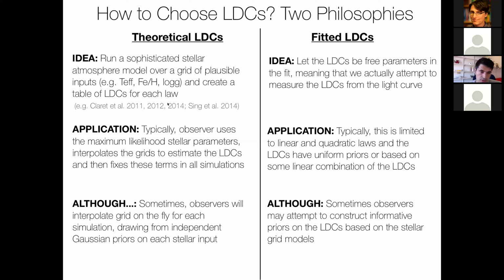So you basically do this step, which I talked about here, before you actually run your MCMC fit. You take some Gaussian priors for these, you interpolate thousands, millions of times onto the grids, and you create a prior distribution of what you expect u1 and u2 to look like. And you might even use this trick as well at the same time, use a linear combination to minimize the covariance, which is how I did it. And then you have an informative prior on the limb darkening coefficients. So you're still kind of fitting them, but you're constrained by what the models tell you.